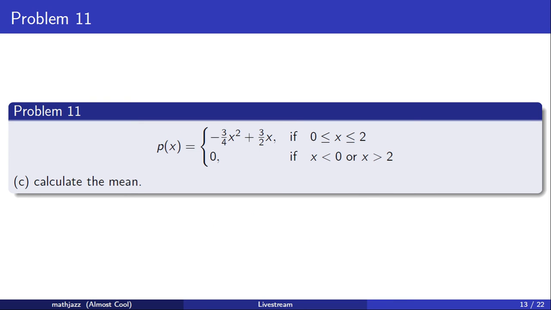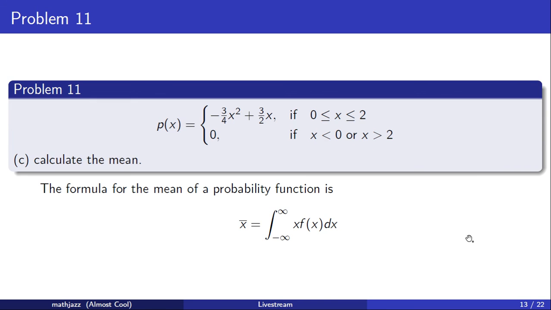Calculate the mean. The mean is not too bad either, actually. The formula for the mean of a probability function is x bar equals the integral from negative infinity to infinity of x f of x dx. It's this integral.